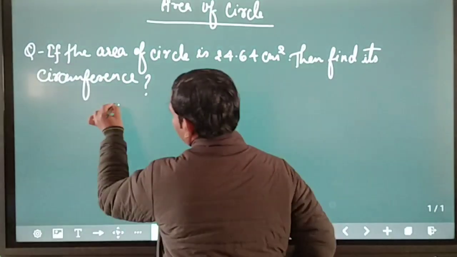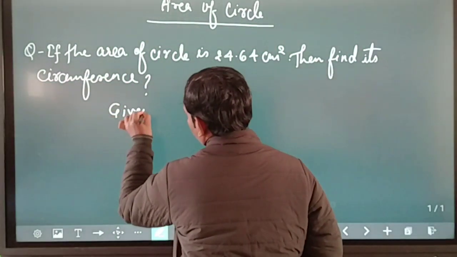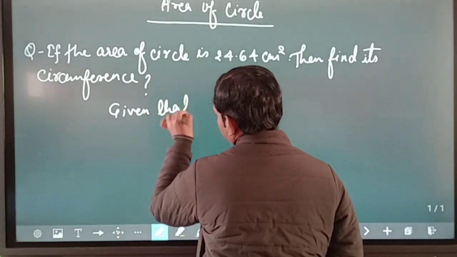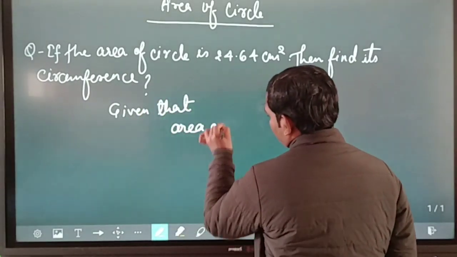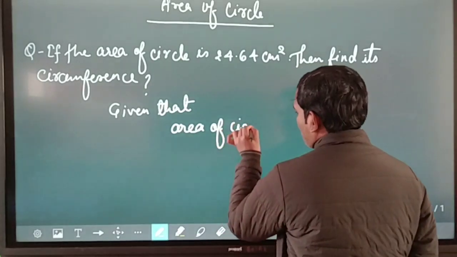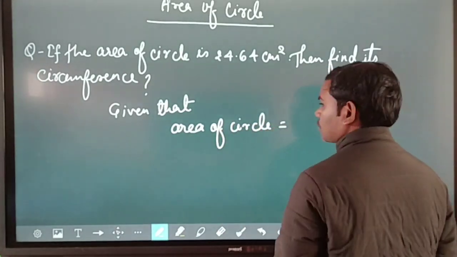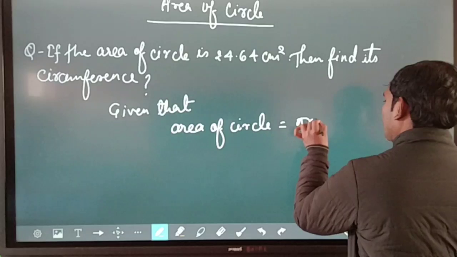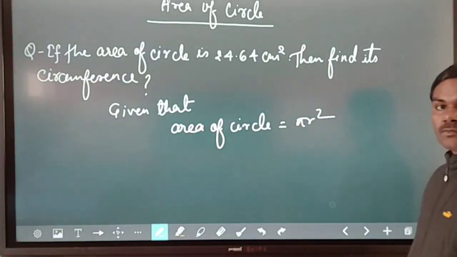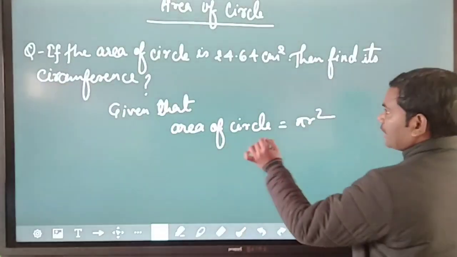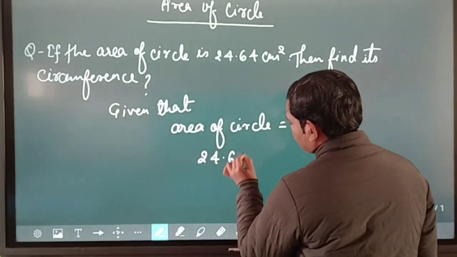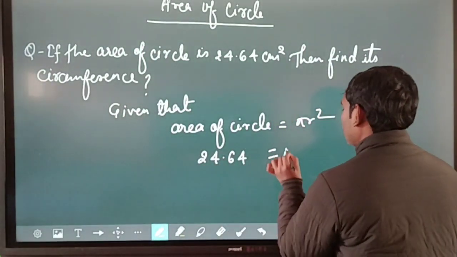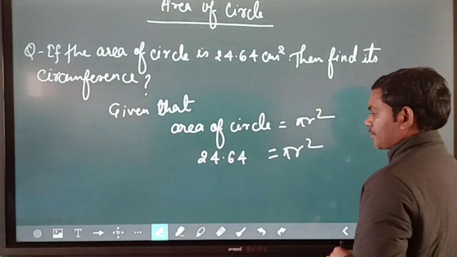Since given that area of circle is equal to pi r square. Is that clear? And the area is given as 24.64 is equal to pi r square.